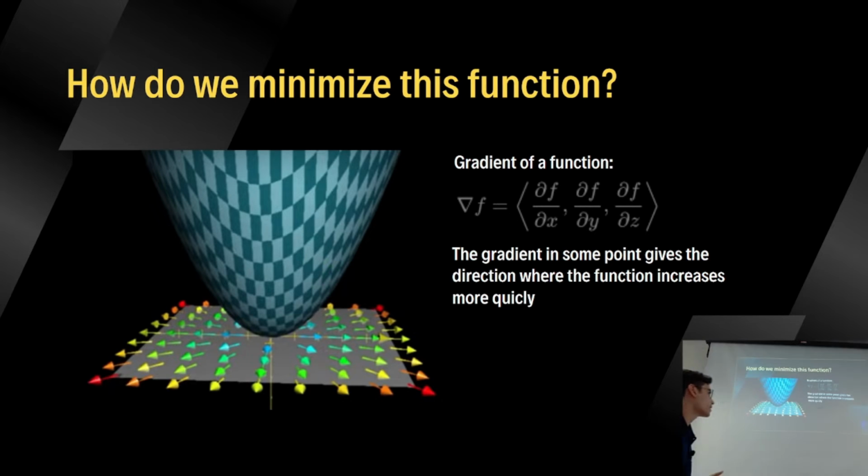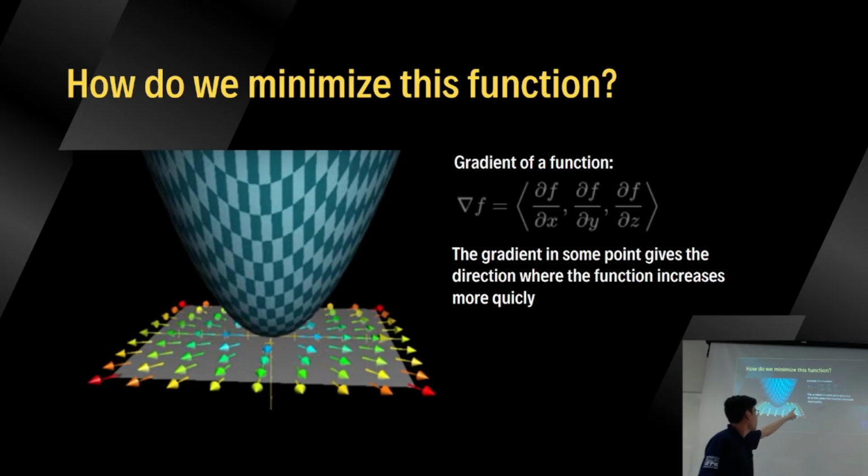But how do we minimize it? If you have already studied calculus, you know that this operation here is called the gradient. Here I have the definition of the gradient for 3 variables. Here I have a function with only 2 dimensions, x and y, and the graph in the other z dimension.